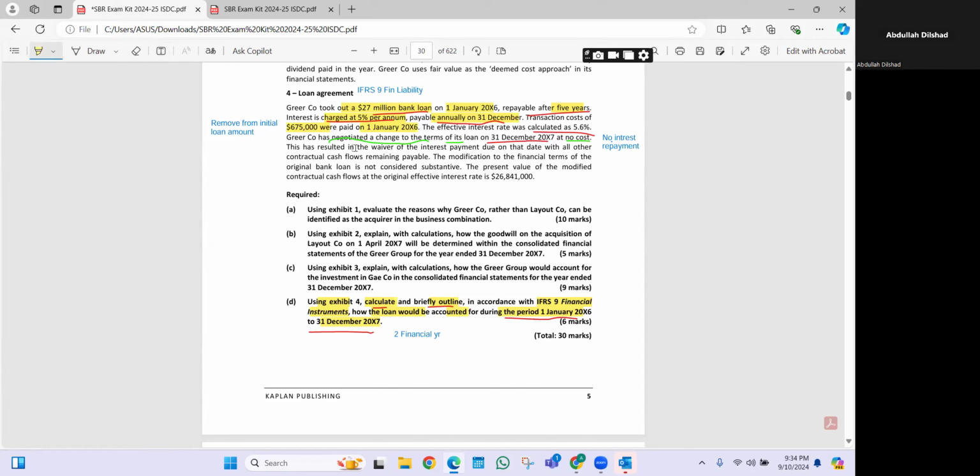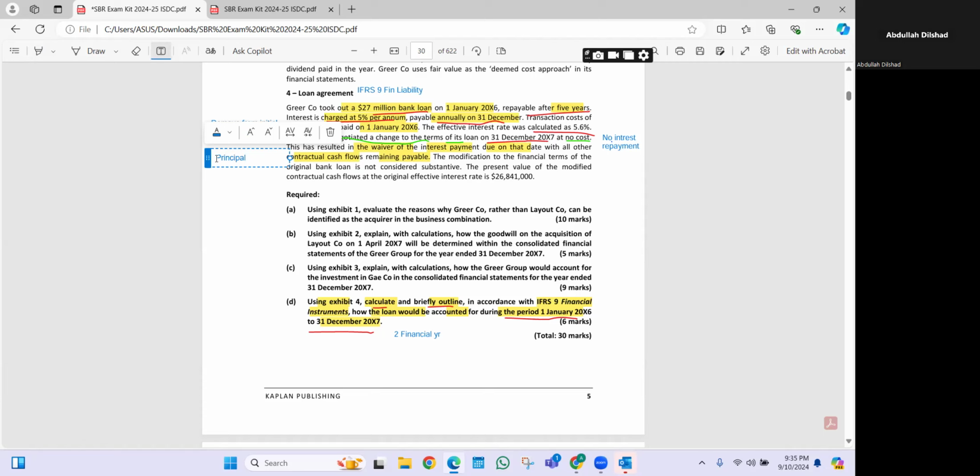This has resulted in the waiver of the interest payment due on that date, with all the contractual cash flows remaining payable. So this is what I told. This is simply in written form. You all know the contractual cash flows is the principal amount.